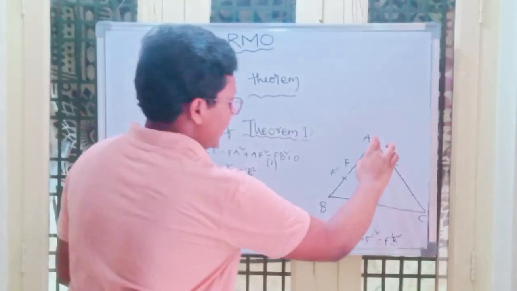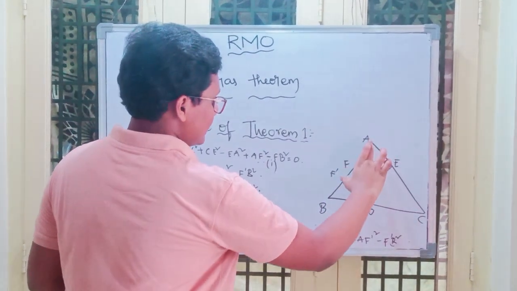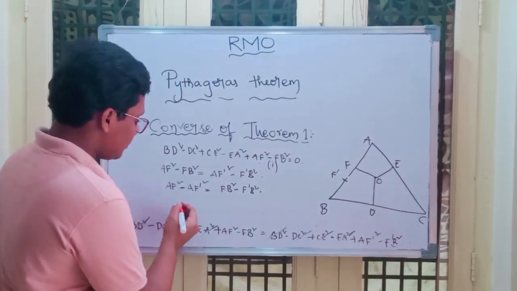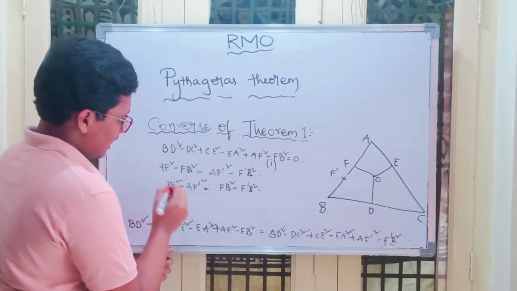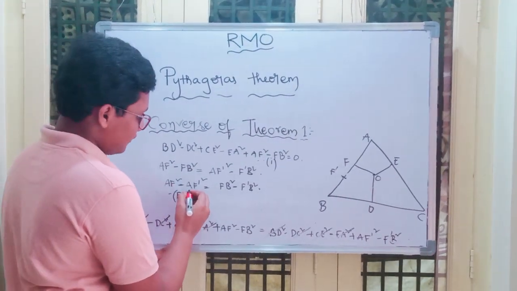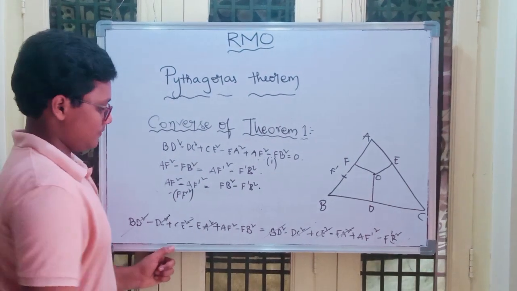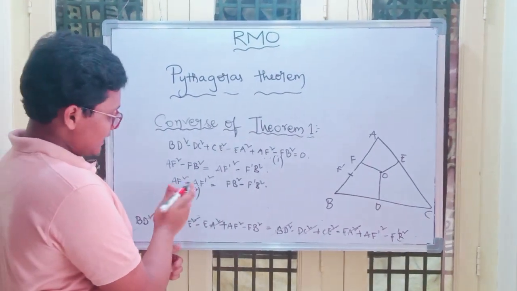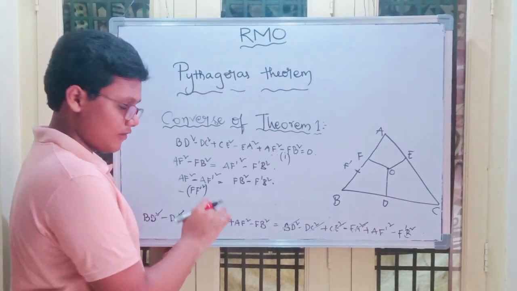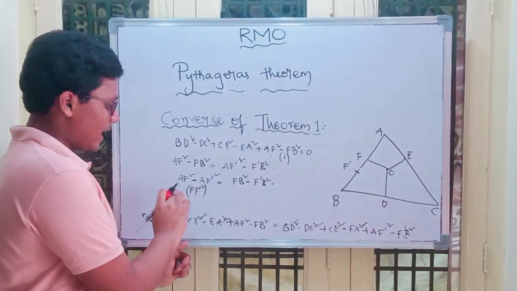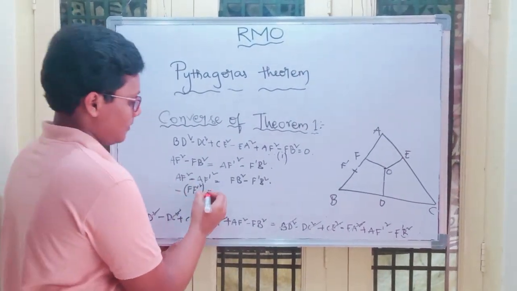Here AF square minus AF dash square is equals to minus of FF dash square. This is minus of the square, not the whole square of minus FF dash. This is minus of FF dash square.